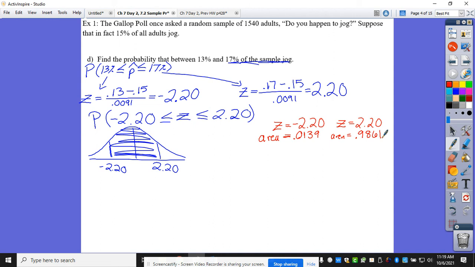And what do I do with those? Subtract them, which gives me 0.9722.